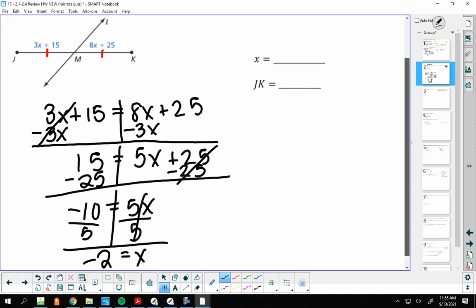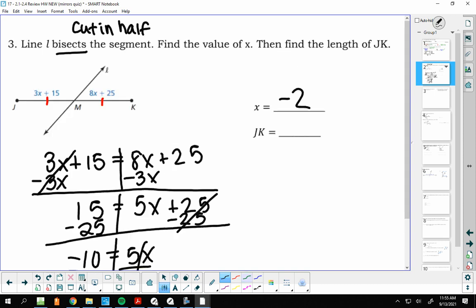to show your work. But we didn't only have to find x, that was one part. We also wanted to find JK. So J to K is actually the whole segment. So what I can do is I can find half, and then I know that that's going to be the other half as well. So let's plug in negative 2. So 3 times negative 2 plus 15.